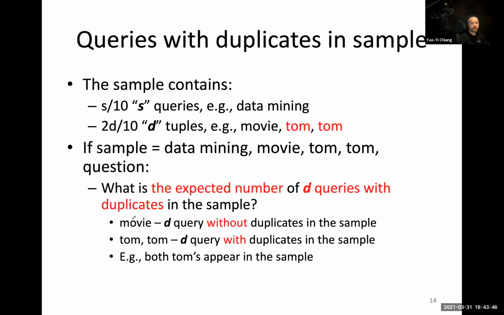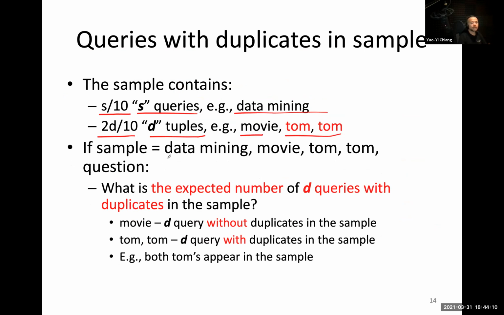So let's look at the example: queries with duplicates in the sample. Let's say the sample contains S/10 and 2D/10. S/10 is our S type of queries such as data mining, and 2D/10 is our D queries such as movie or Tom and Tom.